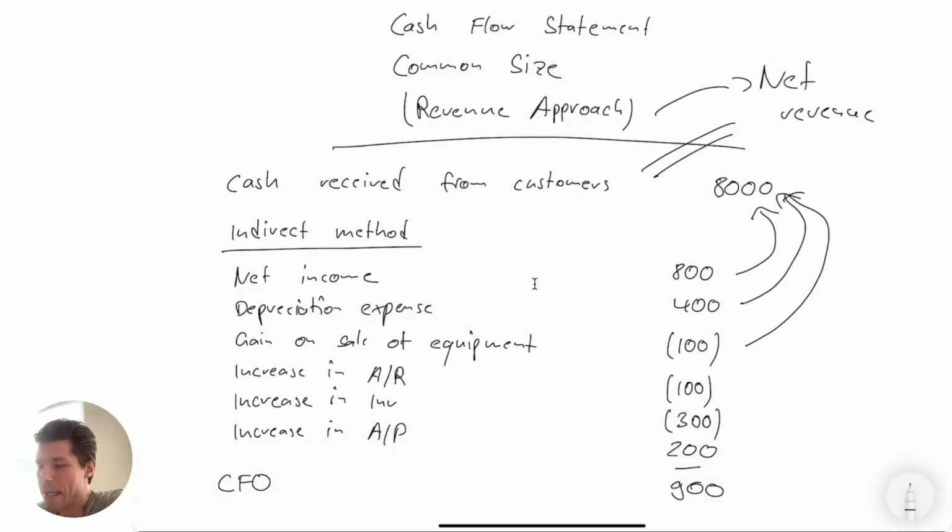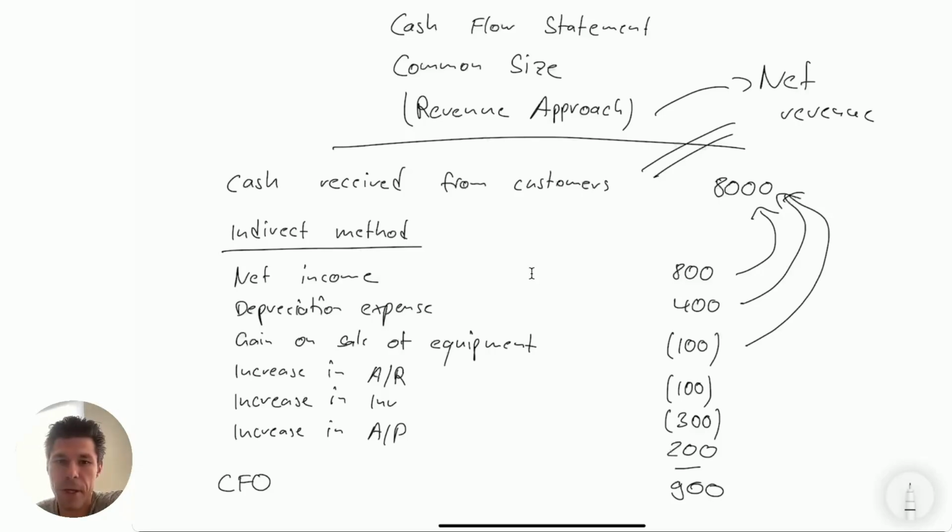However, net revenue is from the income statement and reflects revenue earned on an accrual basis, whereas cash received from customers reflects actual cash collection. So we can use it, but we just need to be a bit conscious that it is not the same, and that there's a difference.